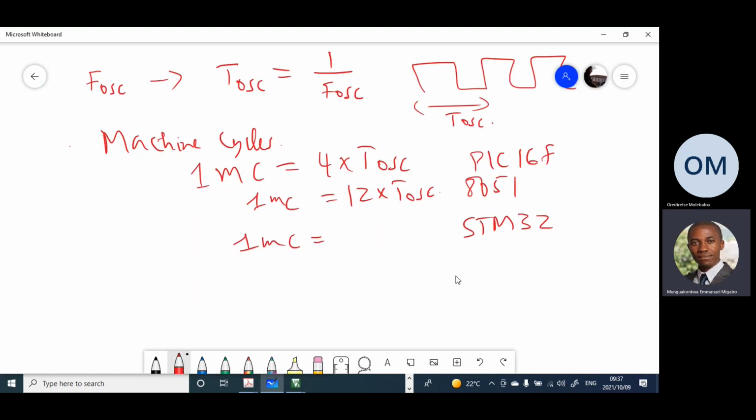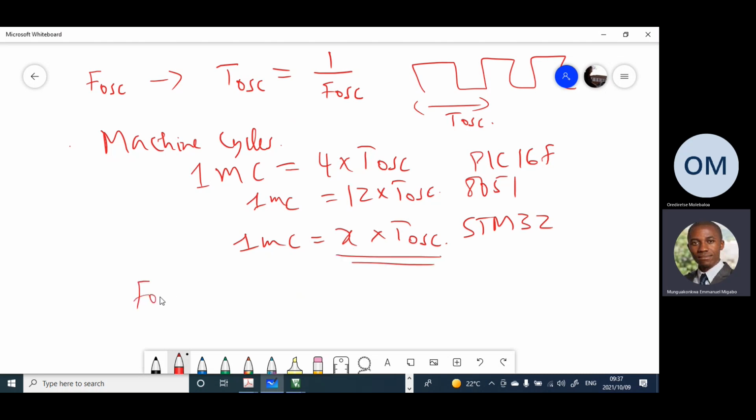So normally you have one machine cycle, you'll be told it corresponds to, let's say, X clock pulses, which means one cycle of the CPU execution will take that long.